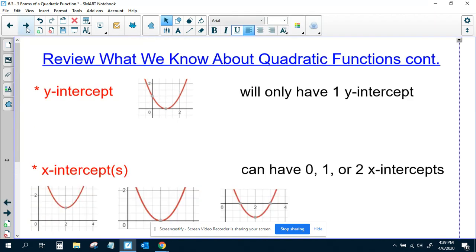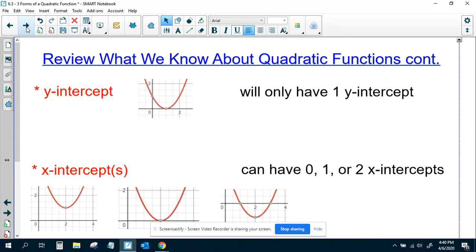What else do we know about quadratic functions? Well, we know that there's a y-intercept, and every single quadratic function will have only one y-intercept. We also know that there are three possibilities for x-intercepts. A quadratic function can have 0, 1, or 2 x-intercepts.